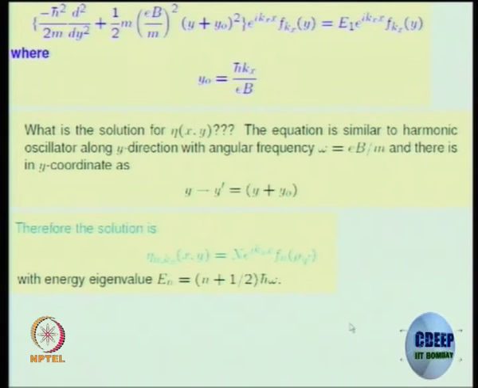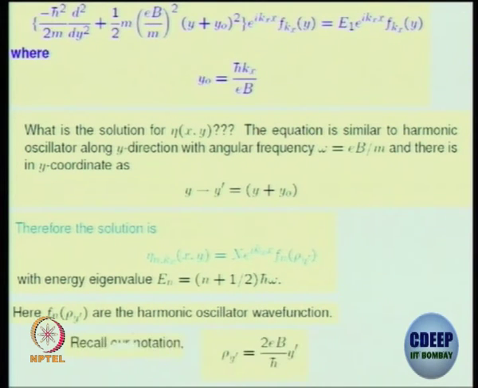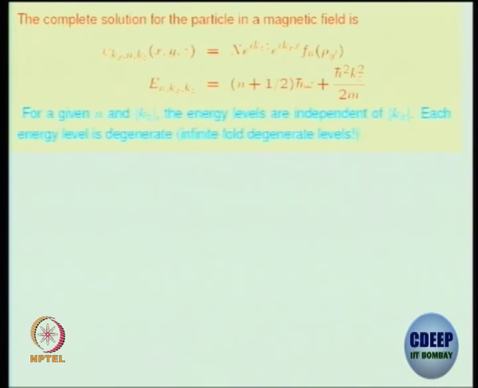Is that the energy or something more is there? The z coordinate energy should be added to this. Yes. So the total solution in 3 dimensions for a particle subjected to a magnetic field, we can try to use an appropriate choice for the vector potential. Magnetic field is along the z direction.